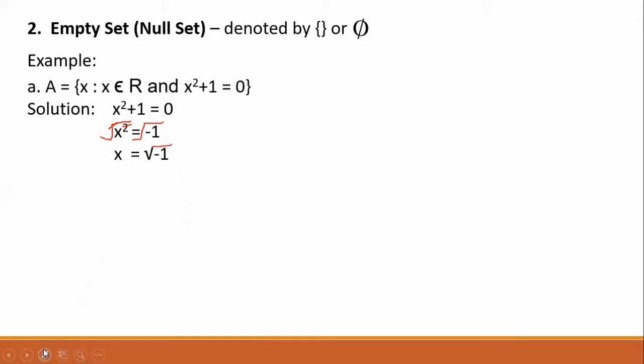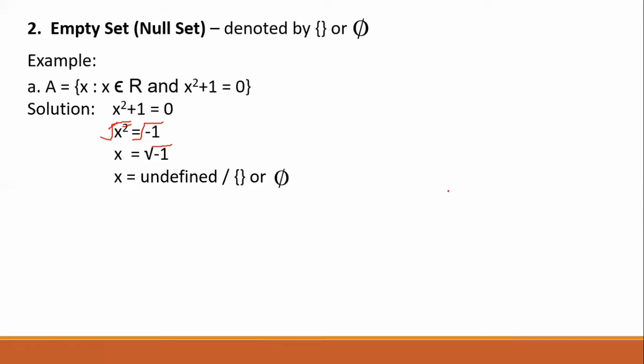All right. What is the square root of -1? Yes, that's correct. Undefined, or an error on our calculators. Therefore, set A is said to be an empty set or null set. It has no elements.